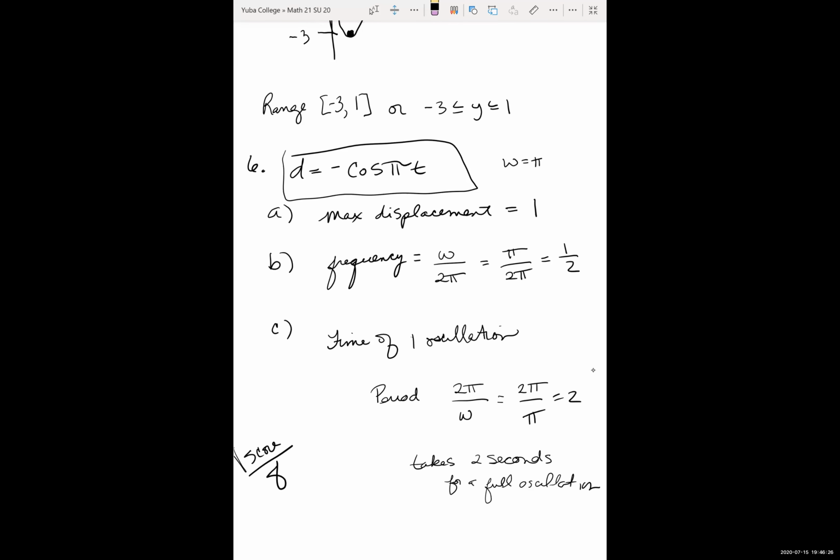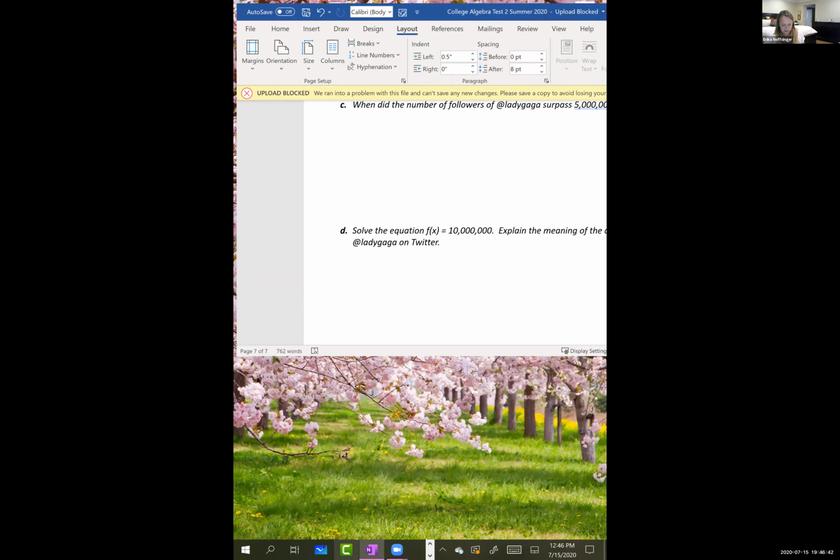What was it for 6 again? It was 2, 3, 3? I believe so. Okay. But you can pull it up too. Let's see. I have it on my test. That's college algebra. Sorry.